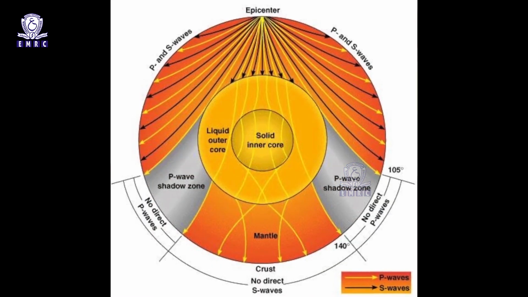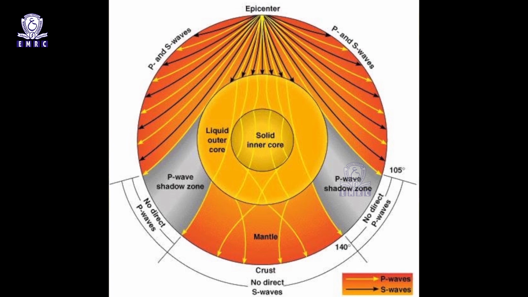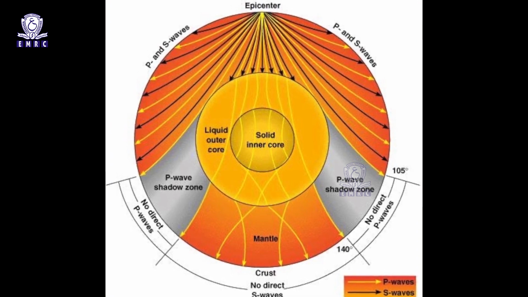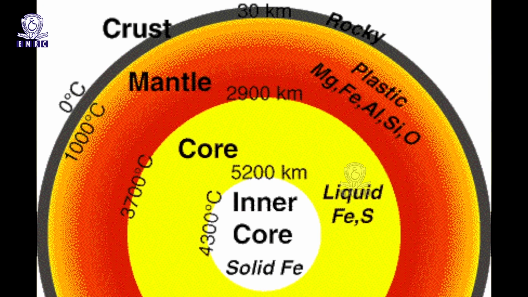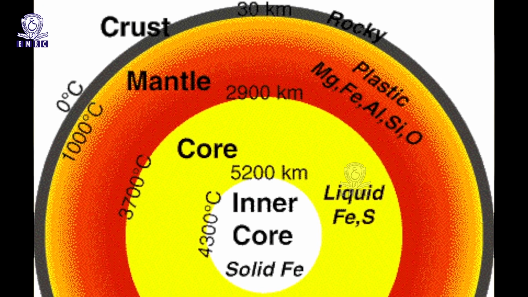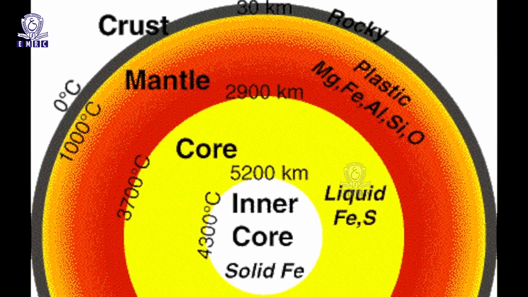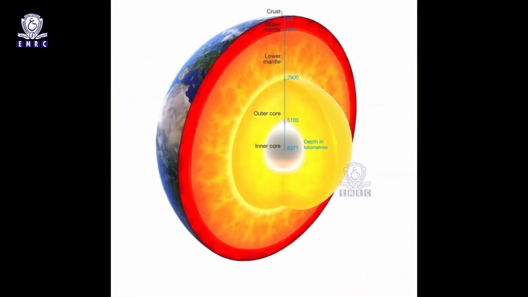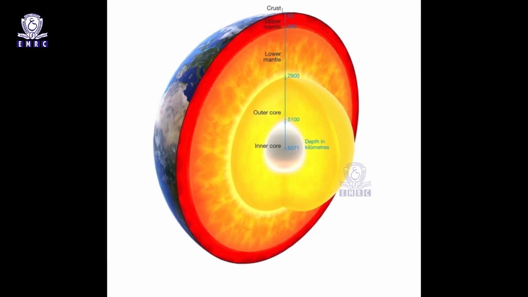At this depth, the velocity of P waves, which can travel through solid, liquid and gaseous materials, abruptly decreases from 13.7 kilometers per second to 8 kilometers per second. As the S waves cannot penetrate this region, it is assumed that the Earth's core is in a liquid state. This has been identified as the outer limit of the core.